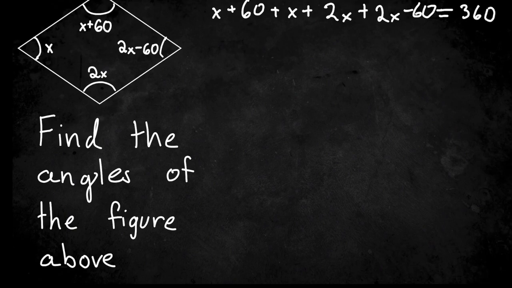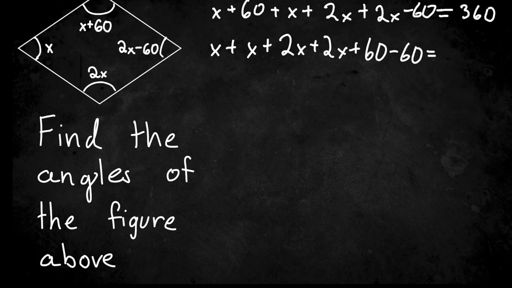Now we are going to rearrange it so all the variables are first, and then the numbers. So we have x plus x plus 2x plus 2x plus 60 minus 60 equals 360.